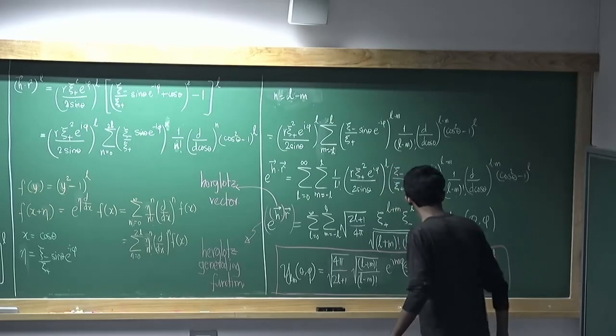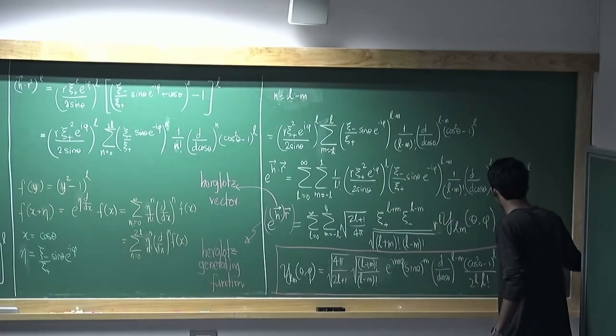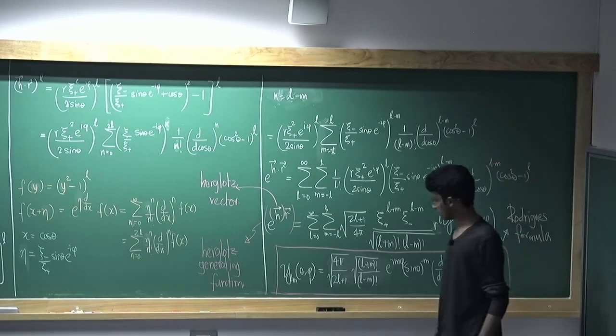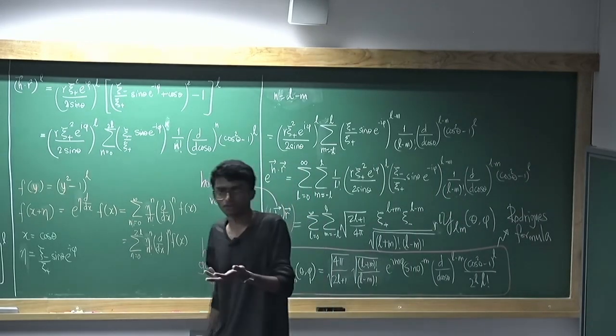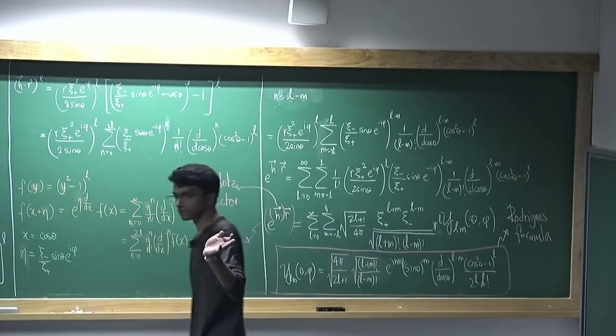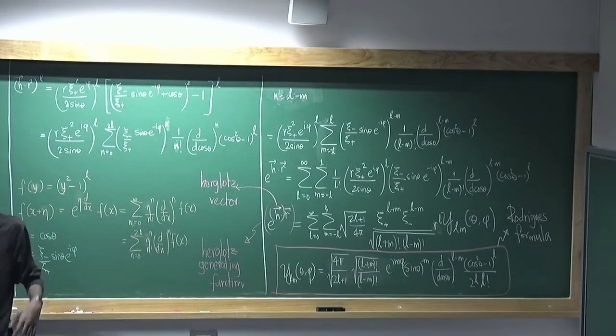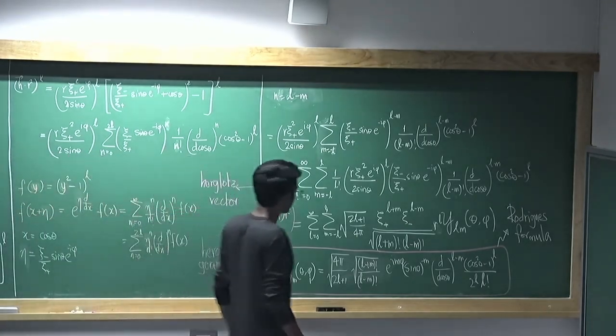By the way, I forgot to say that what we have derived here is the Rodrigues formula of the spherical harmonics. And by putting m equal to 0, you can get the Rodrigues formula for the Legendre polynomials and check all of the recursion relations that you might have derived in an earlier course.